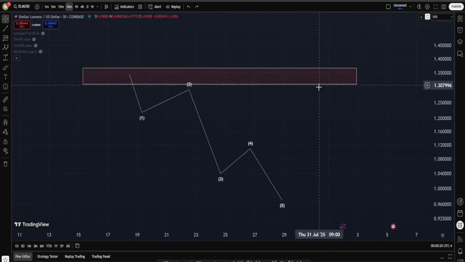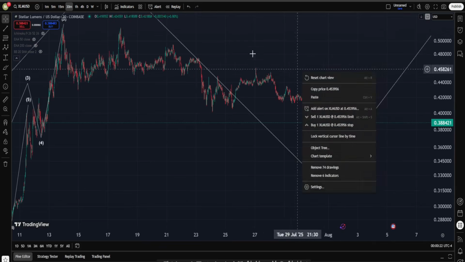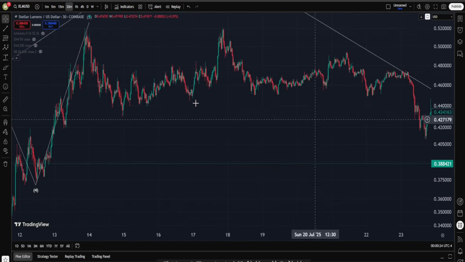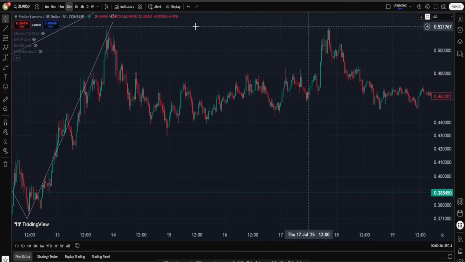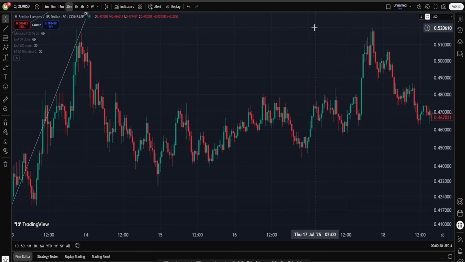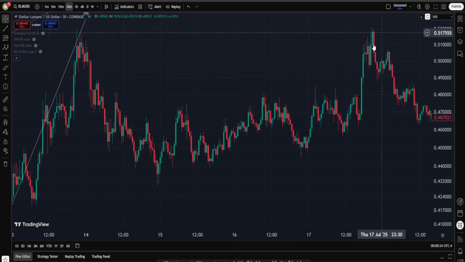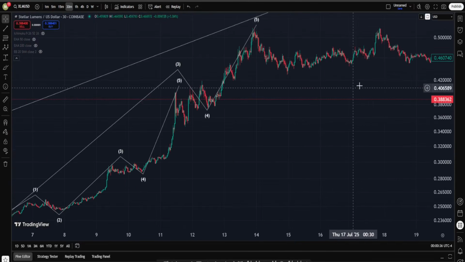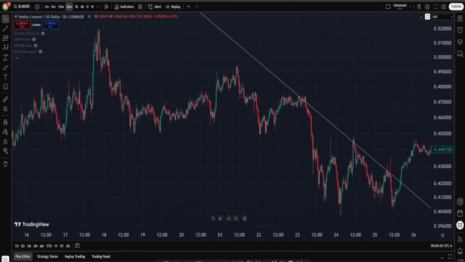Now let's go on the live chart and see what is going on. So, first question, between this and also this high, which one is the highest one? As you can see, yep, by a very, very small margin, this point is actually the highest high on XLM. And what is going on off of it?